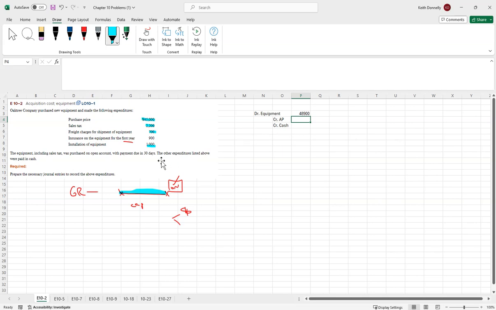It says the equipment was purchased on open account, right? So that's going to trigger open account, an accounts payable in this case. And it says the remainder was paid in cash. So if we think about this, let's look at it.